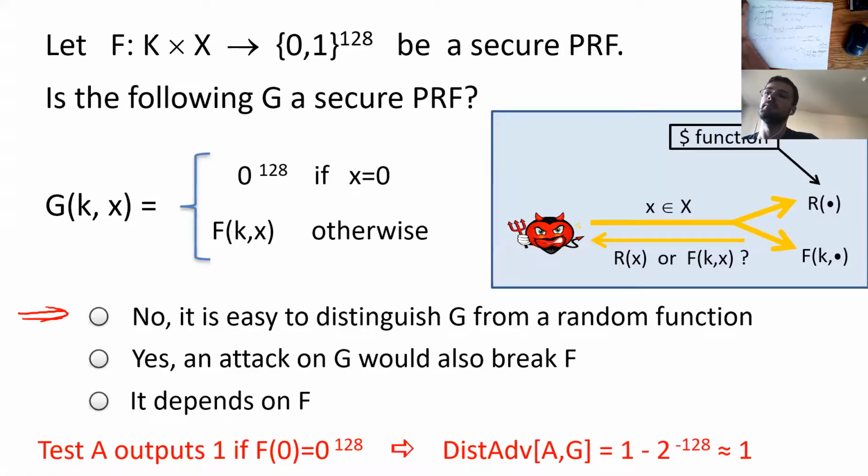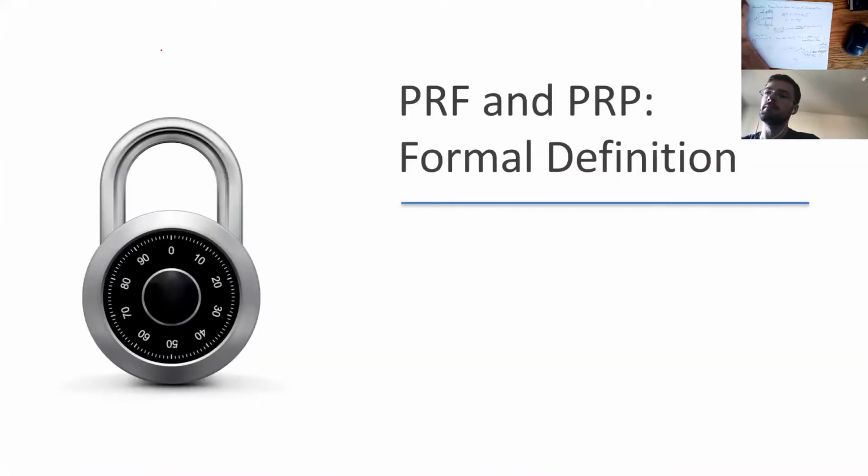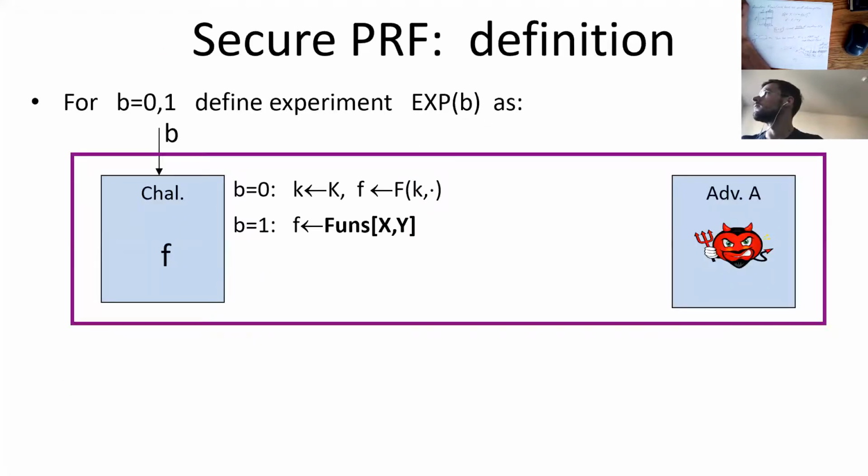Right, so that was the answer indeed. Here is the view of these notions using the same kind of definition we used for PRP, PRG, indistinguishable encryption, etc. The adversary is on the right side, and there is a secret bit.